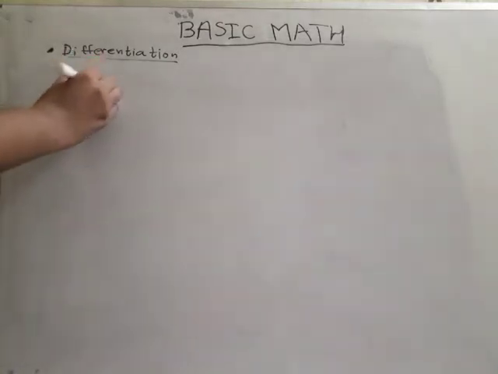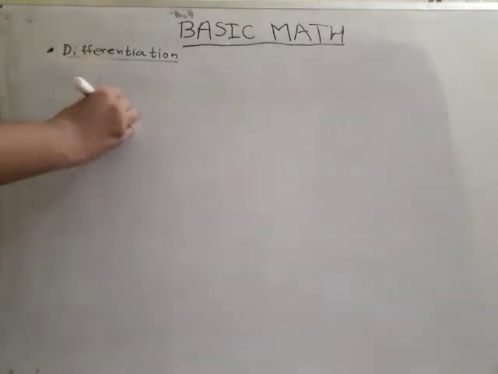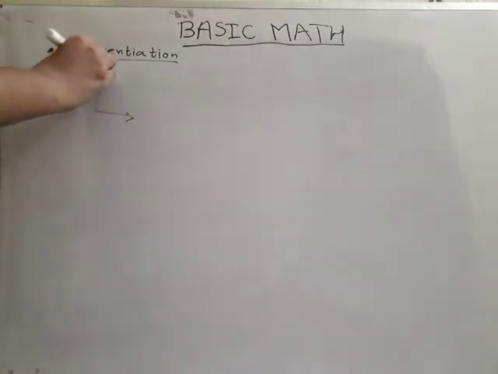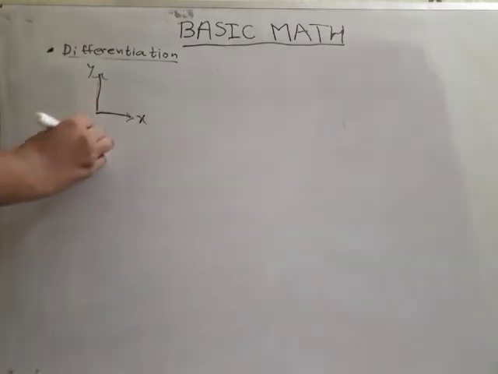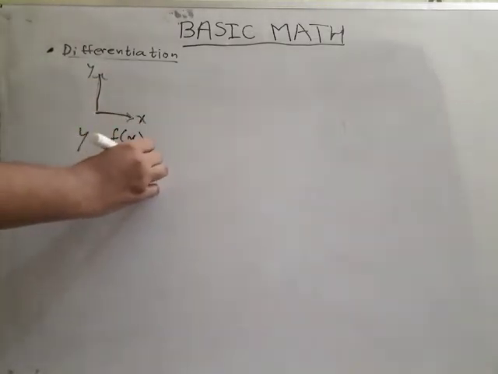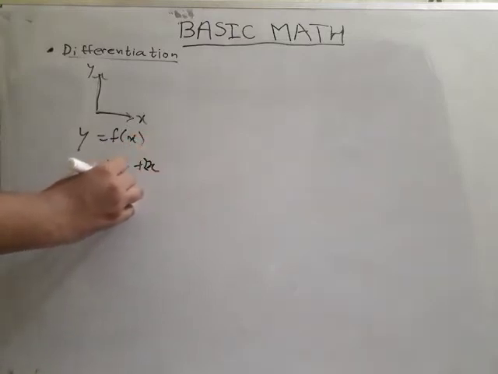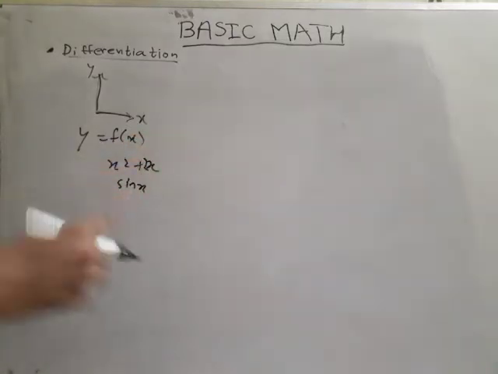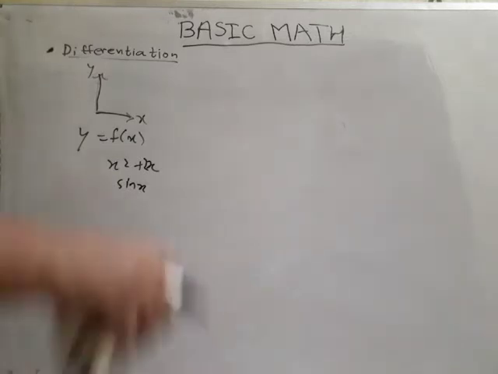Now suppose we are given y as a function of x. How? y equal to f of x. Now f of x can be x square plus 2x, or it can be sin x or anything. It is given as f of x.